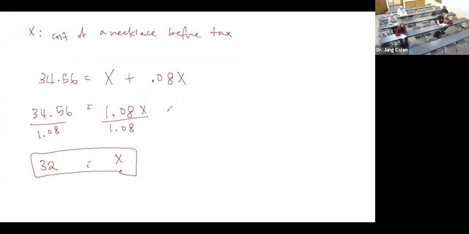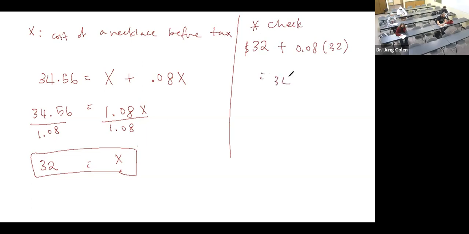How can we check this? Well, you can just calculate it, right? So to check, let's suppose your necklace before the tax is $32 and you are paying 0.08, so 8% of $32. And how much do you get? Yes, you get 34.56.